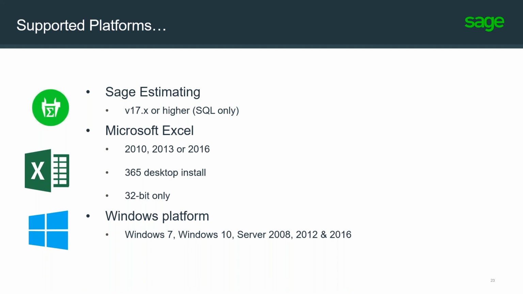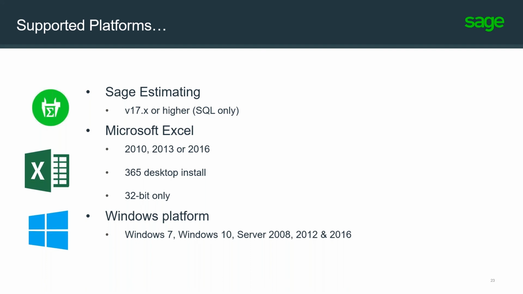For Sage Estimating, you do need to be on Sage SQL Estimating. That is a requirement. It will not work with Pervasive. Hopefully you've made that switch. If not, please think about that, especially since we now have the new SQL buyout available as well. That might hopefully help you make that decision to move to SQL.